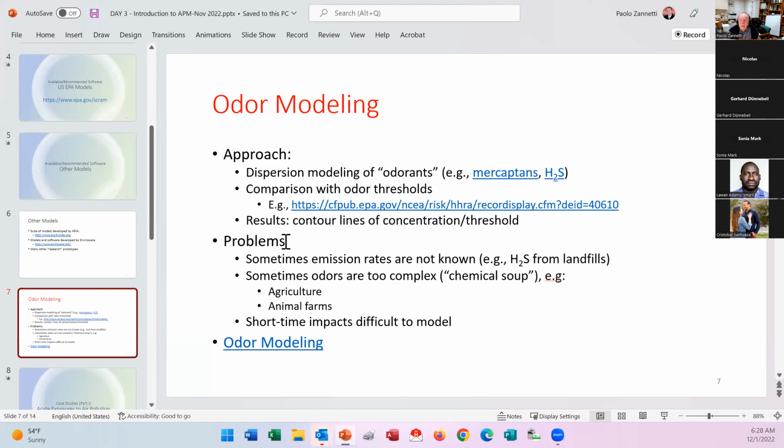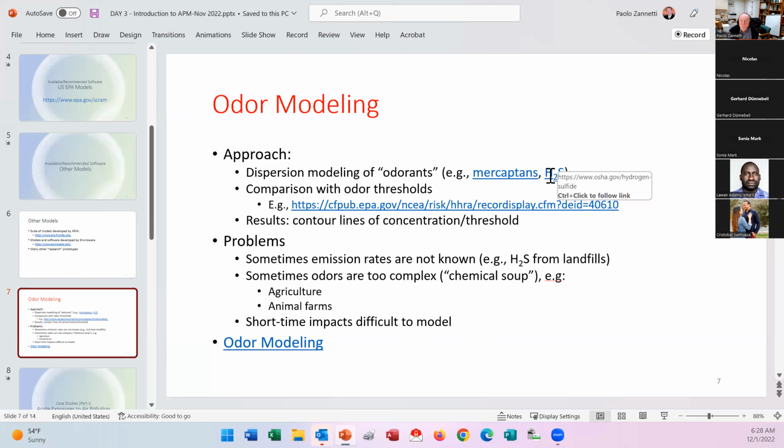For example, mercaptans. Mercaptans are the chemicals that are added to natural gas. Natural gas is odorless, but intentionally we add a little bit of mercaptan. So if you have a leak of natural gas in your home, you can smell it and you know that there is something wrong, and then you have to do something. So it's a safety problem.